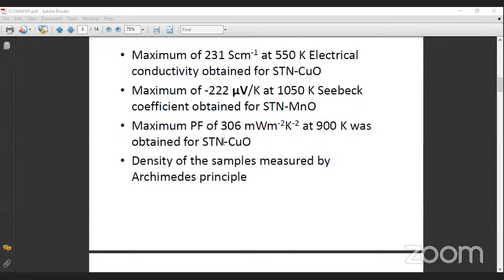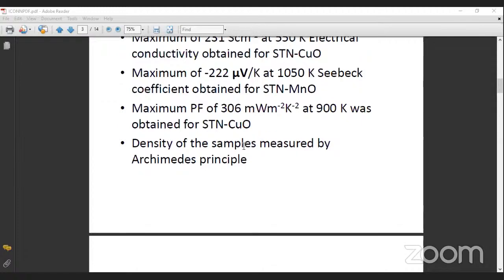The maximum power factor of 306 microwatt per meter per Kelvin squared was obtained for copper oxide mixed Nb-doped strontium titanate.